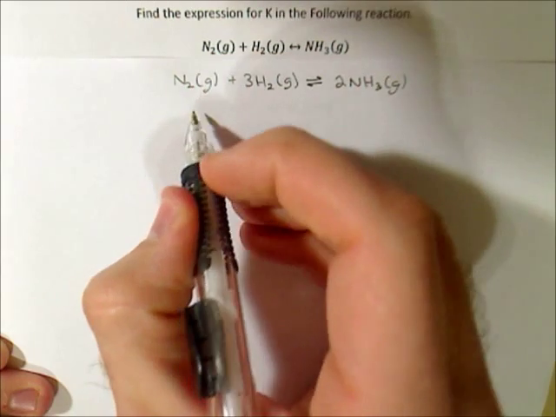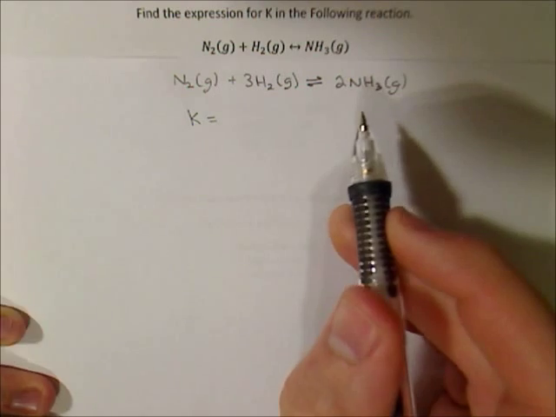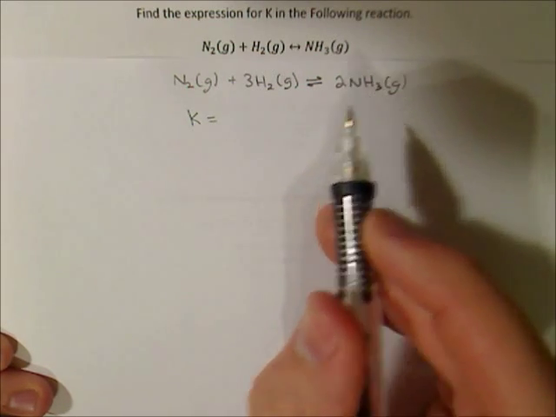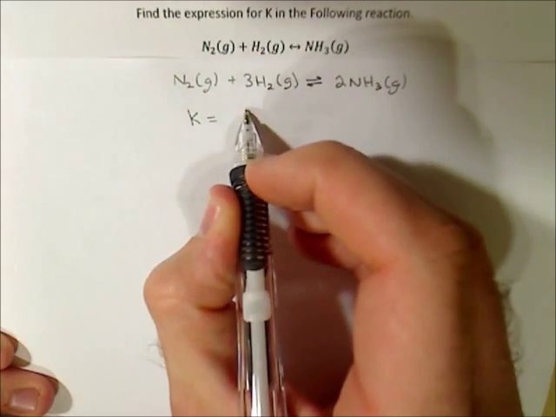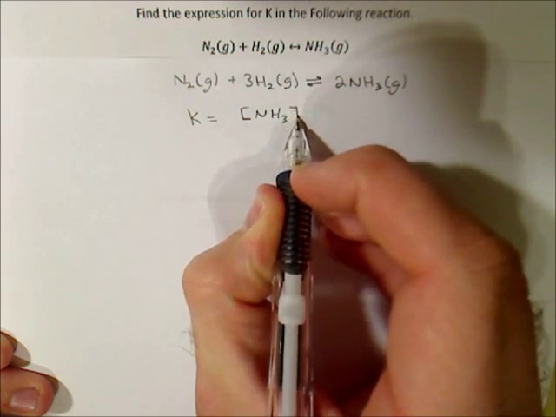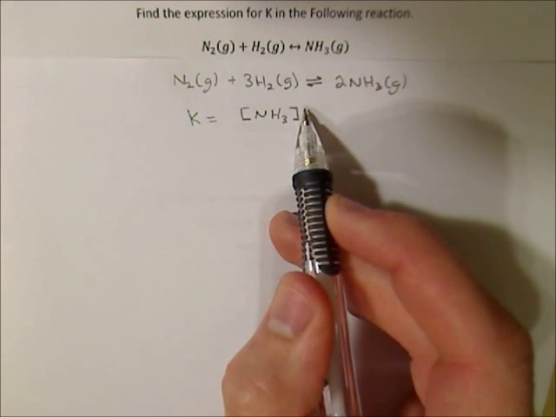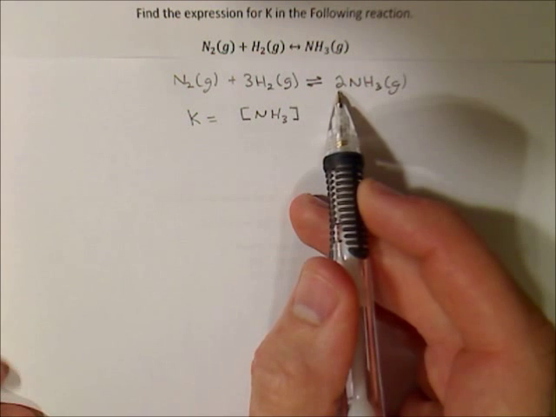So when we're finding K, it just asks us for the concentration of the products over the reactants. In this case, the product is NH3, and remember the exponent that we put on NH3 is just the number that's in front of the compound.